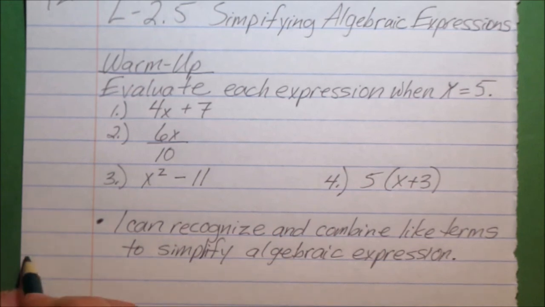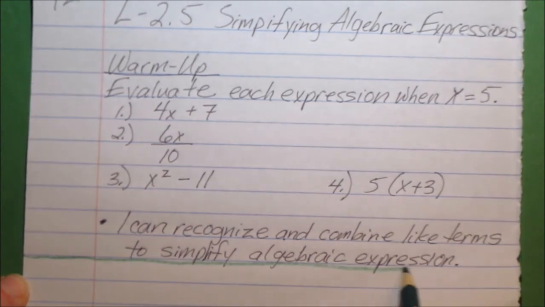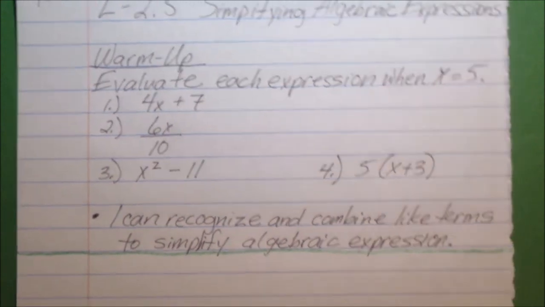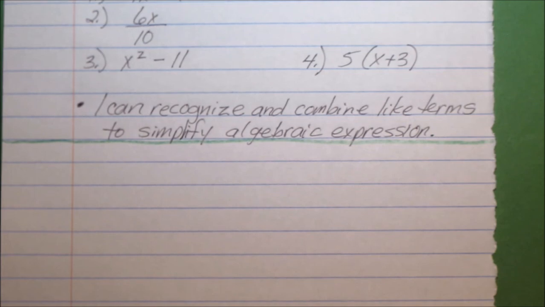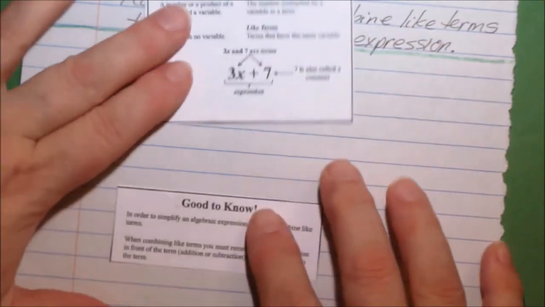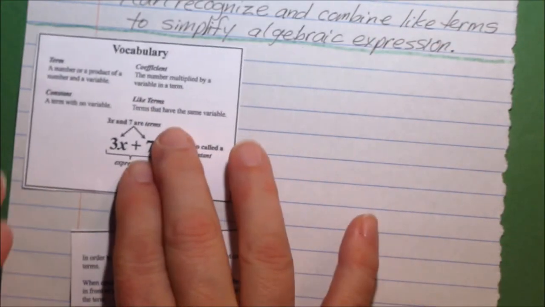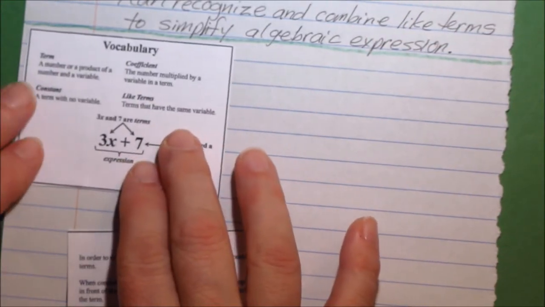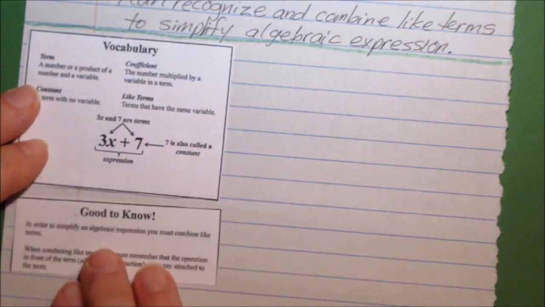Okay, so dark green pencil. Let's get on to the notes portion of our lesson. All right, so I have two note sheets, and I'm going to put them in the usual place here.